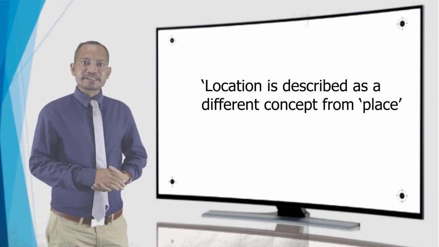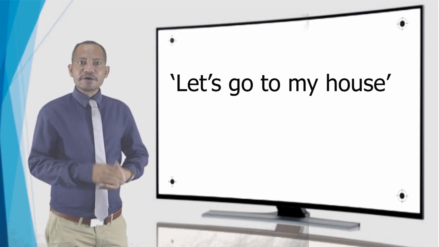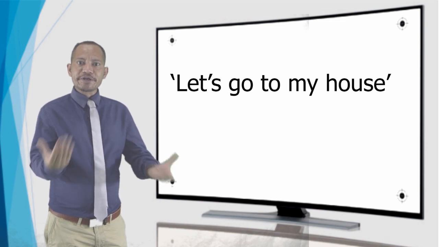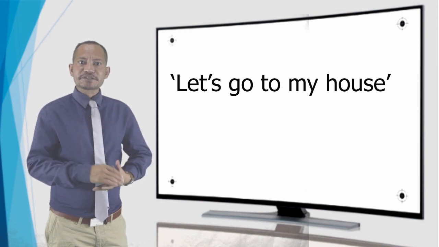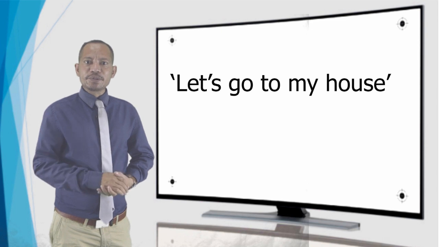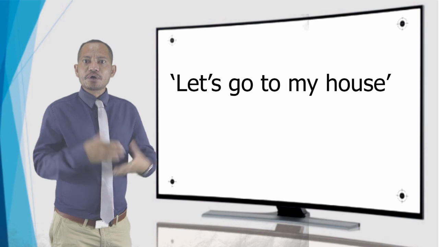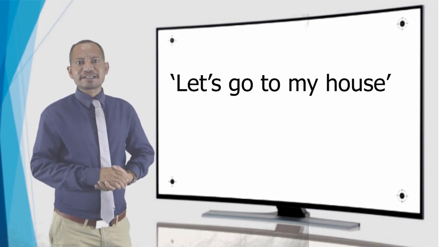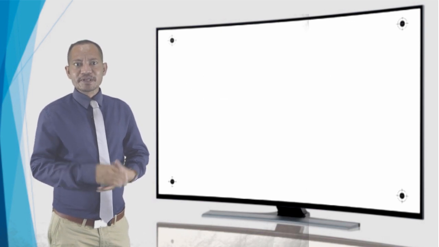When the person says, "Let's go to my house," we may wonder where the exact spot, in this case the person's house, is located. So we tend to figure out the location of the house, maybe by asking the person, for example, "Where is your house?"